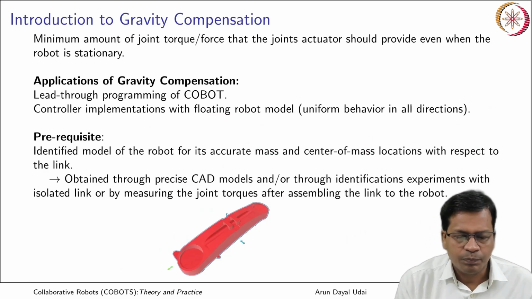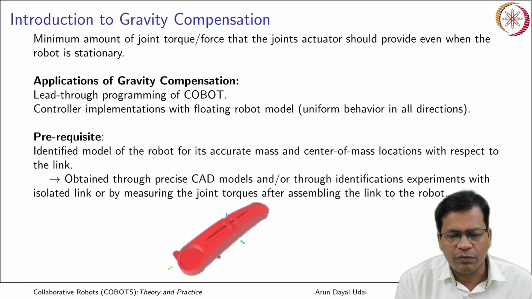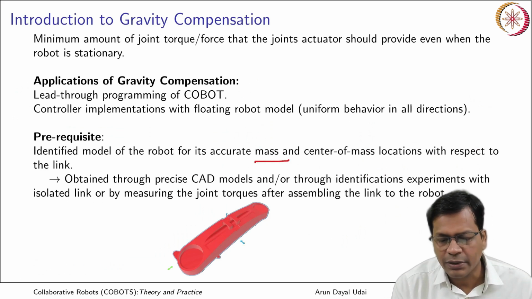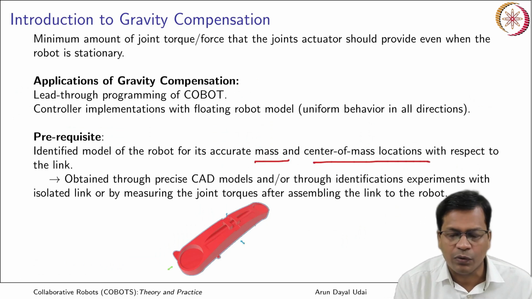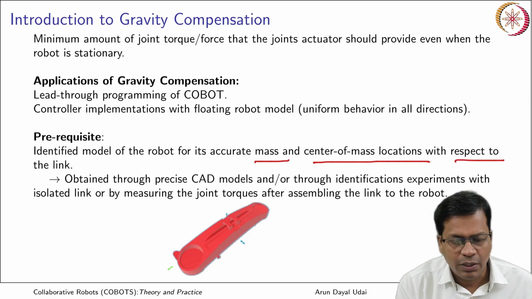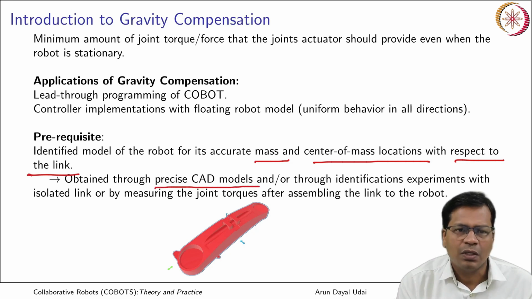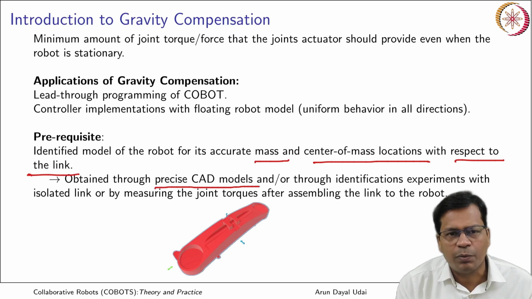So the prerequisite to begin with gravity compensation is that the whole robot mass and mass center locations should be well known. They are identified using identification experiments with respect to the links. They can be obtained through precise CAD models, with the densities known of the material with which these robots are designed.